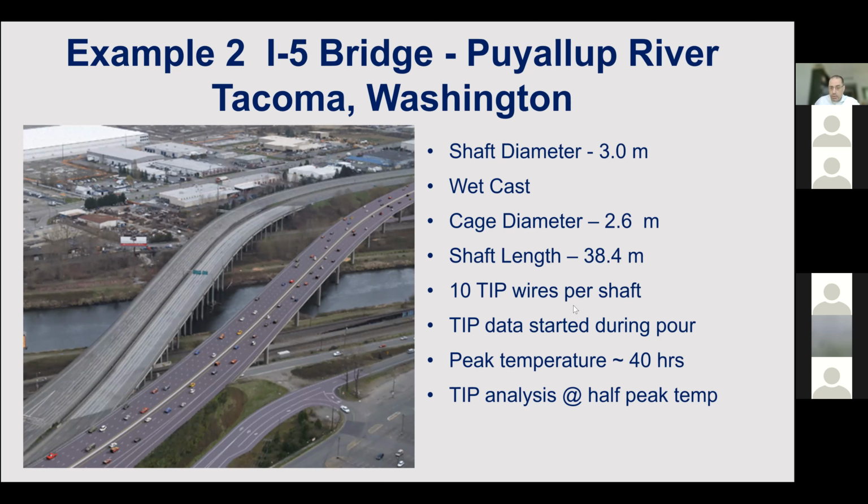The State Department of Transportation wanted to record the thermal data not only after pouring the concrete, but also during the pouring process. They wanted to use this to calibrate or estimate the concrete volume being poured, as it was a very big shaft.